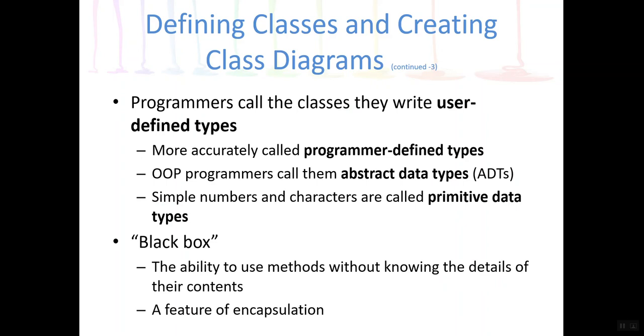A black box means once you create a class, other programs can use that class by creating an object, and interact with the methods of the object without ever knowing the details of how the steps are accomplished. So it's a feature of encapsulation, something we touched upon in the last video. So let's look at how we can create our own user-defined type.